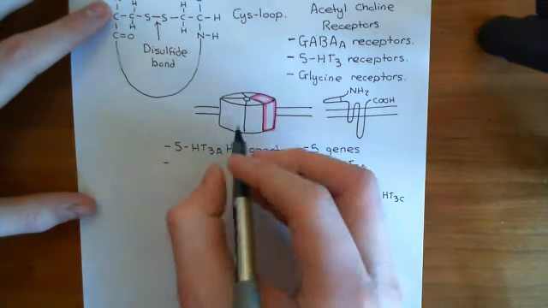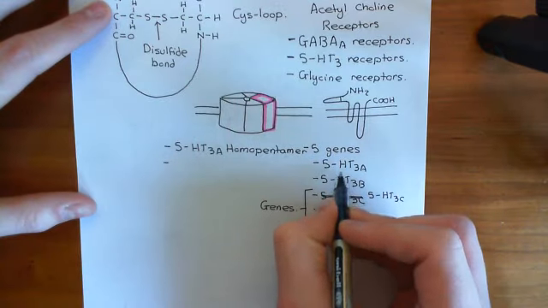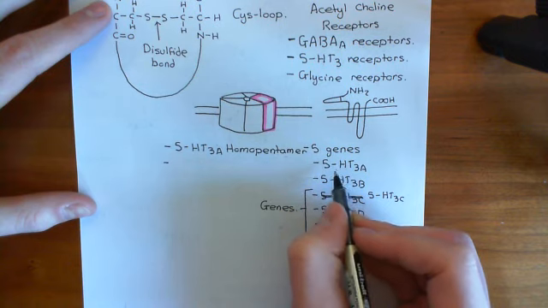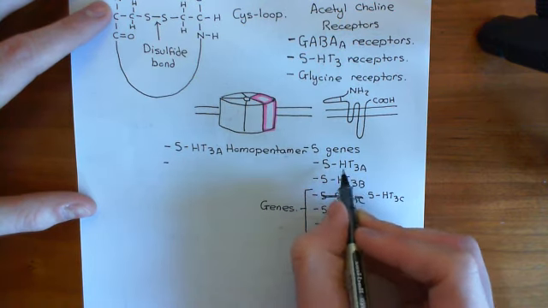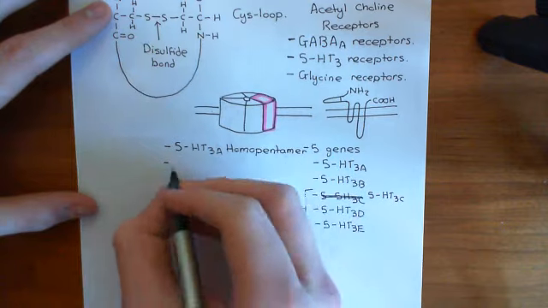And then you can also find pentamers which consist of multiple different types of subunits. Now I've said the only ones that have been found to actually be found in 5-HT3 receptors are the 5-HT3A and the 5-HT3B, so it must be a heteropentamer of these two.